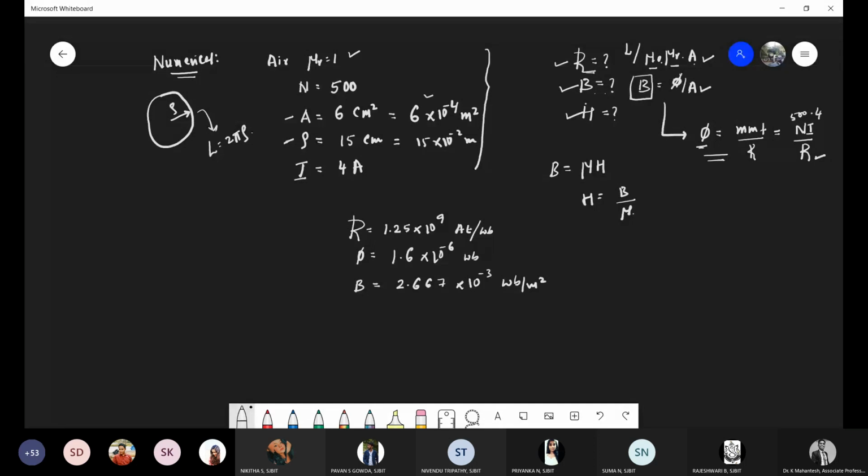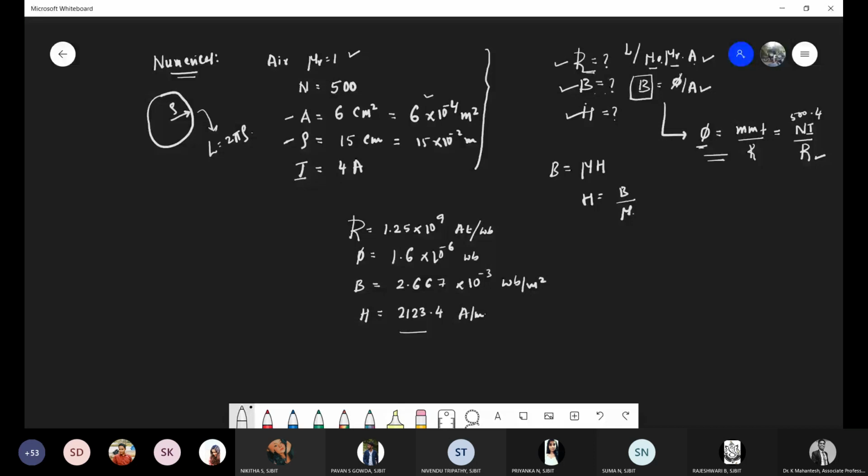And finally, H, that is magnetic field intensity, you should get 2123.4 ampere per meter. So these are the answers.